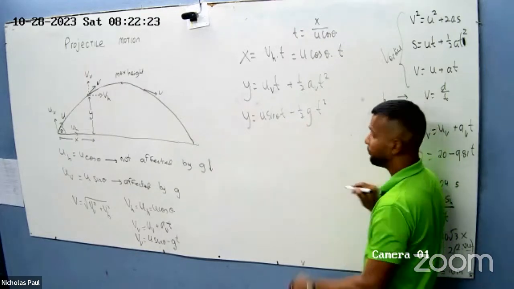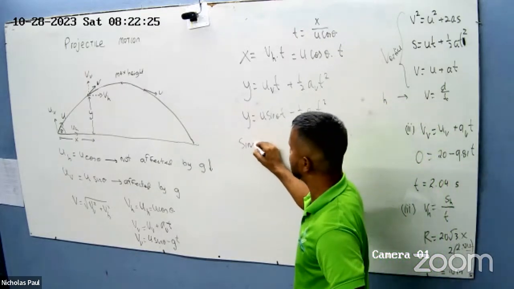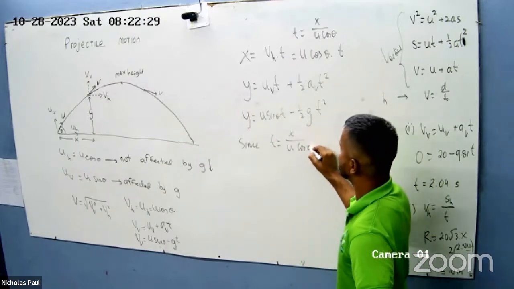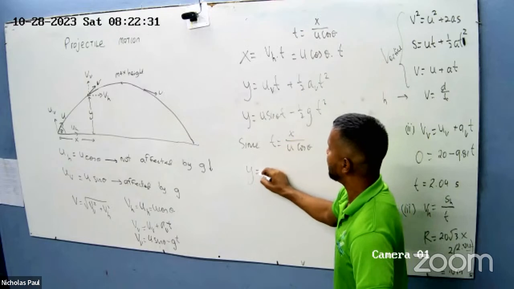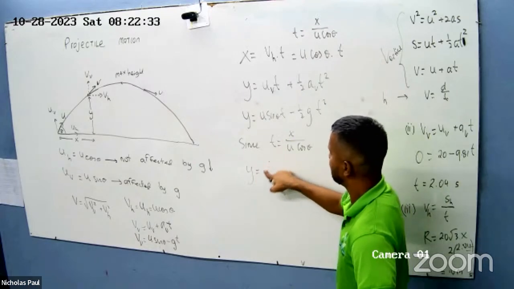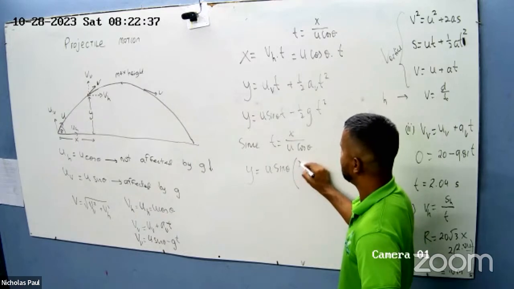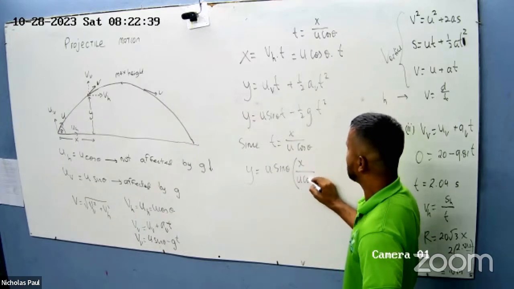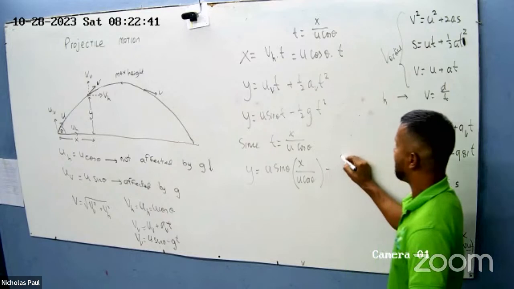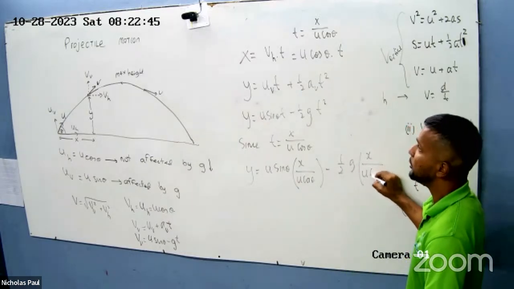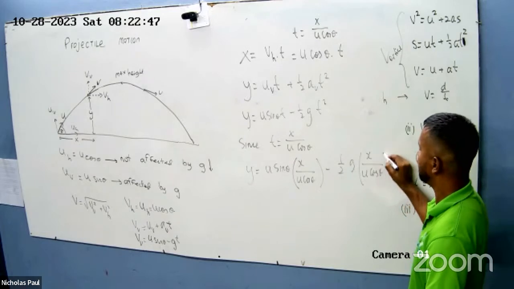Since t is equal to x over u cos theta, we will get y is equal to u sine theta by x over u cos theta minus a half g by x over u cos theta all squared.